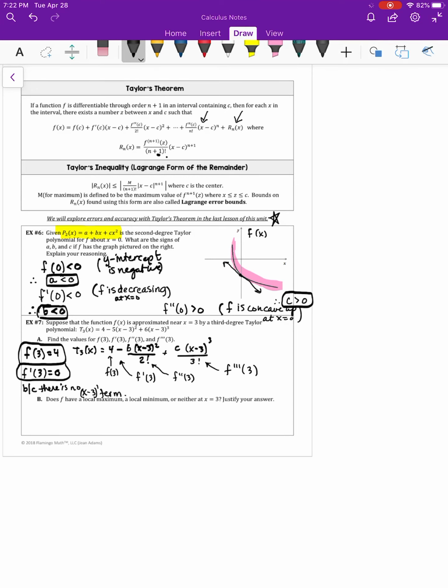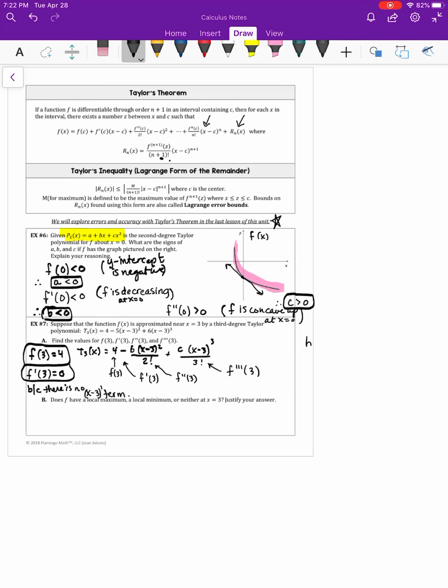If I want to find my f double prime of 3, I'm going to have to say that my b over 2 factorial is equivalent to negative 5. I know that 2 factorial is just 2, so I'm going to multiply by 2, and I can see that my b is negative 10. And so that's going to be my f double prime of 3, negative 10.